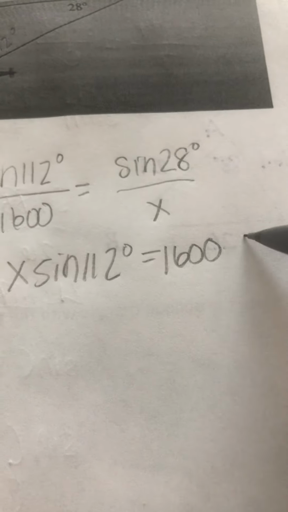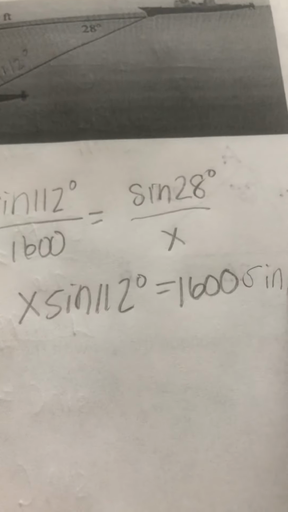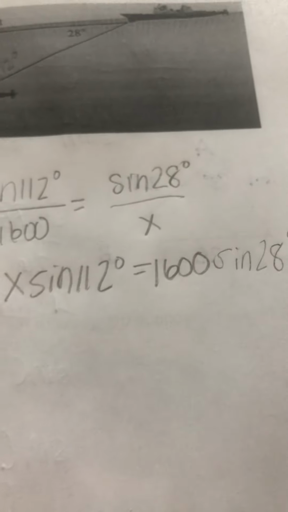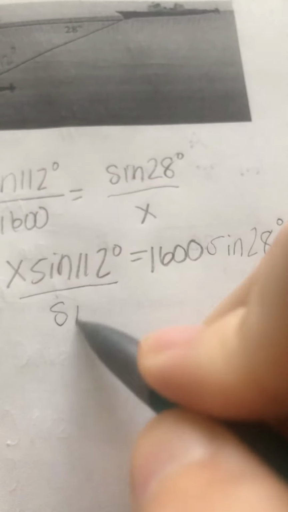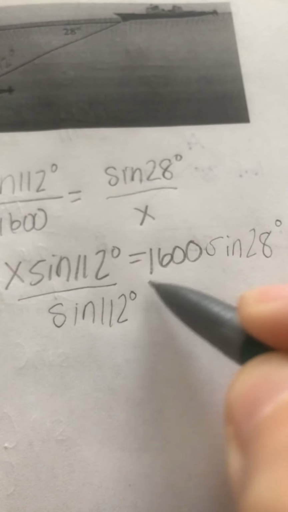Cross multiply. Divide both sides by sine 112 to solve for x.